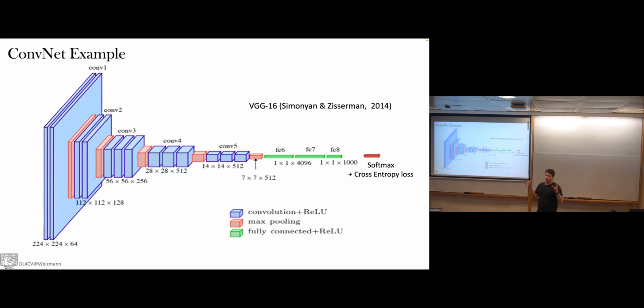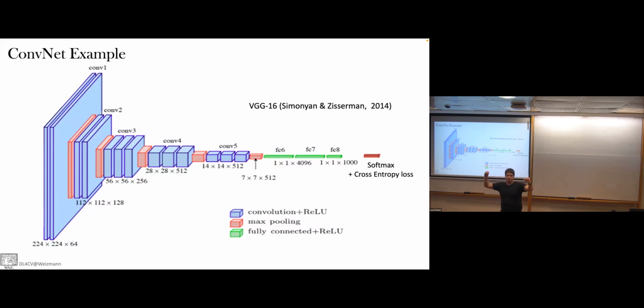Usually what you see is that the deeper you go in classification, resolution decreases and channels increase. It's like saying, I don't need to know exactly what's in every pixel. The deeper I go in the network, when I want to semantically understand what I'm seeing, I want more words to describe it. Remember the intuition about the receptive field vector?